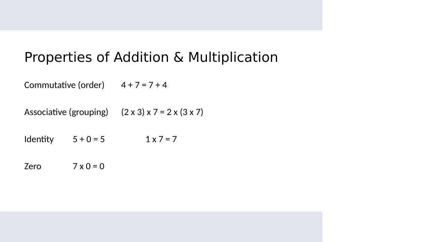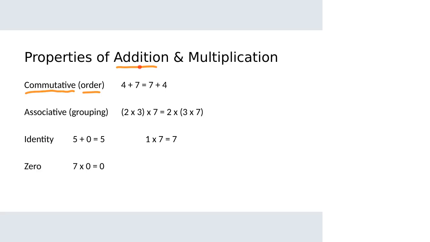Now we get to add, subtract, multiply, divide, the last couple of weeks. As we looked at addition, subtraction, multiplication, and division, properties were a very important part of that. One of the properties we looked at was the commutative property, and that's about order. It's the idea that 4 plus 7 is 7 plus 4. I can change the order they're in and still have the result be the same.